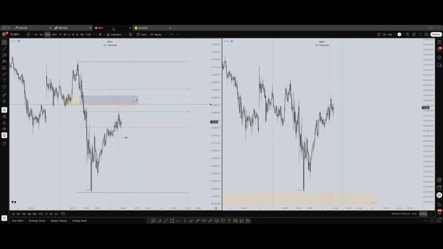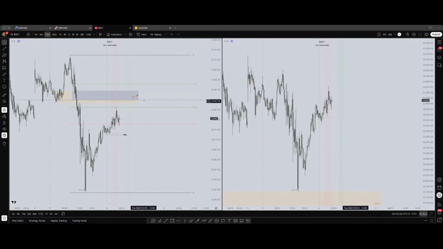And I like how price is coming to this area. I put my alarm, so when price reaches this tiny fair value gap, I will be aware of price's reaction.